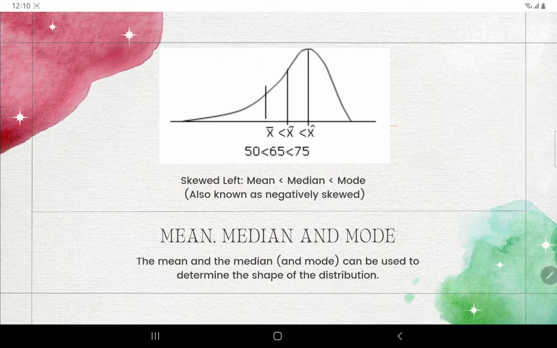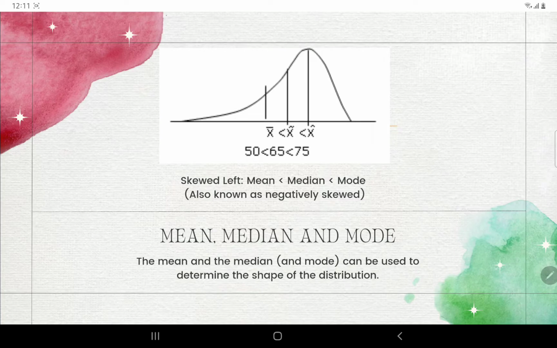The third method to determine the skewness is by looking at the mean, median, and mode. So mean, median, and mode can be used to determine the shape of the distribution.